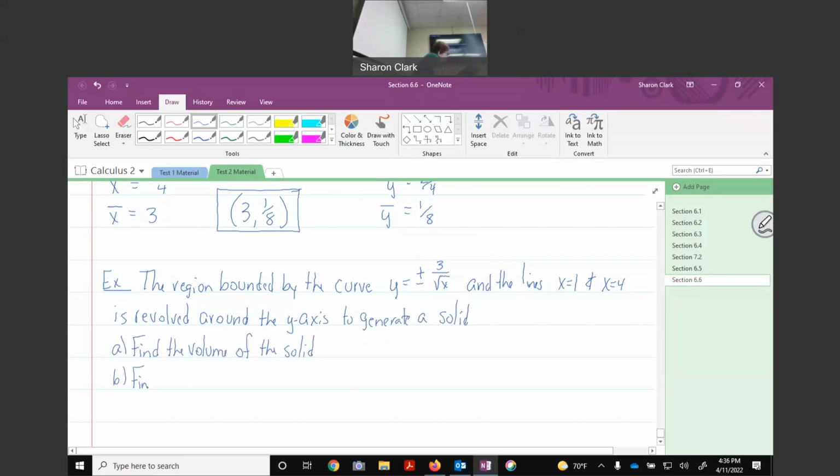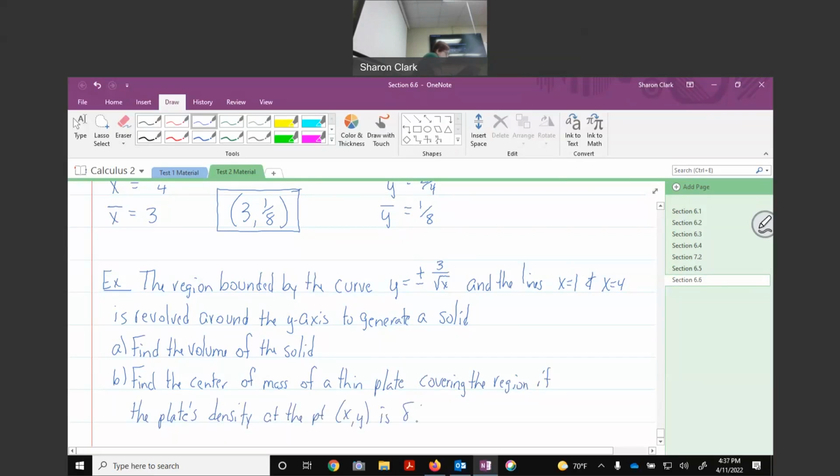B. Find the center of mass of a thin plate covering the region if the plate's density at the point x comma y is delta of x equals 1 over x.